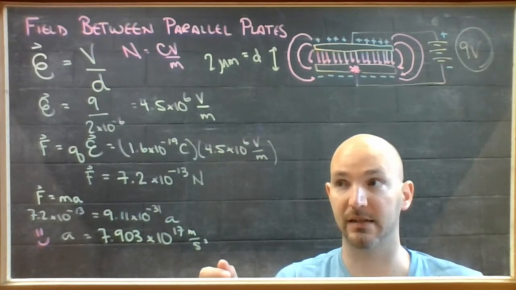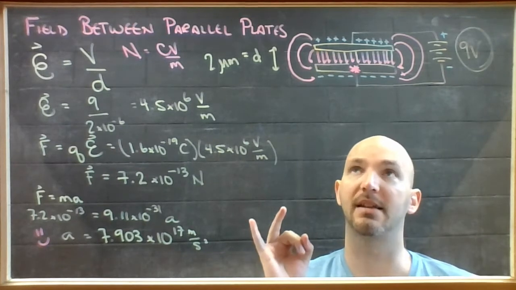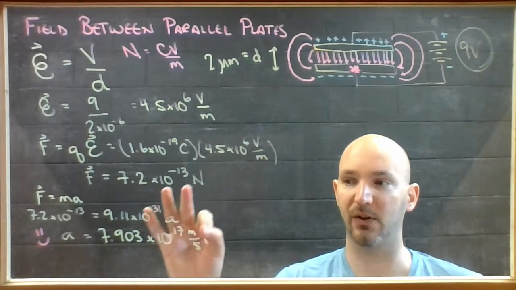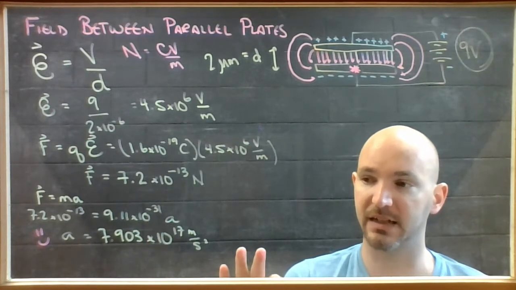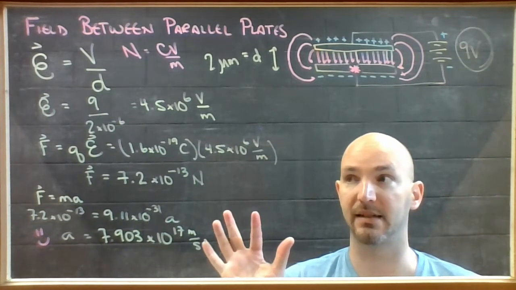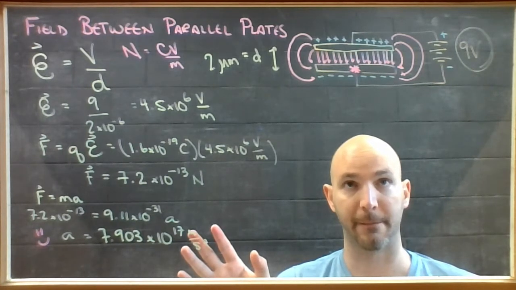It's just kinematics. So if I have an acceleration, if I assume it has an initial speed of 0 and I've calculated the acceleration at 7.903 times 10 to the 17 meters per second squared, then I should be able to get the final speed and the time it takes to cross the capacitor.